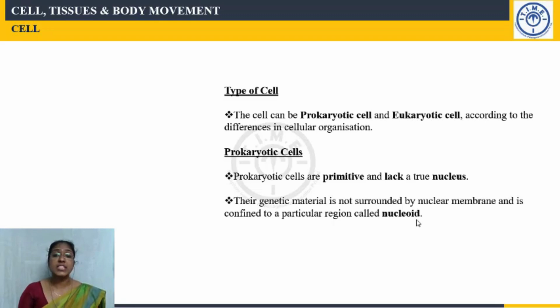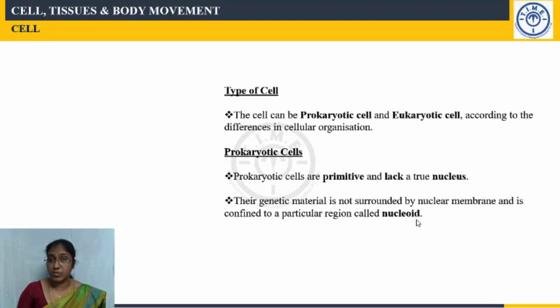And this nucleus, in the case of ours, we human beings, we are eukaryotic organisms. So our genetic material is kept or located inside the what? Nucleus, and this nucleus is surrounded by a double-walled nuclear membrane.